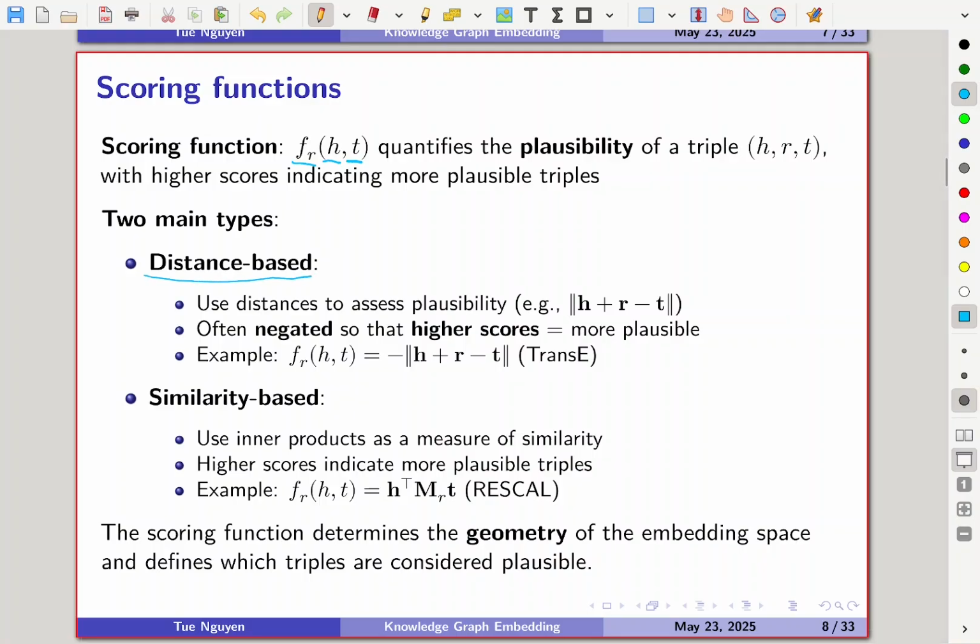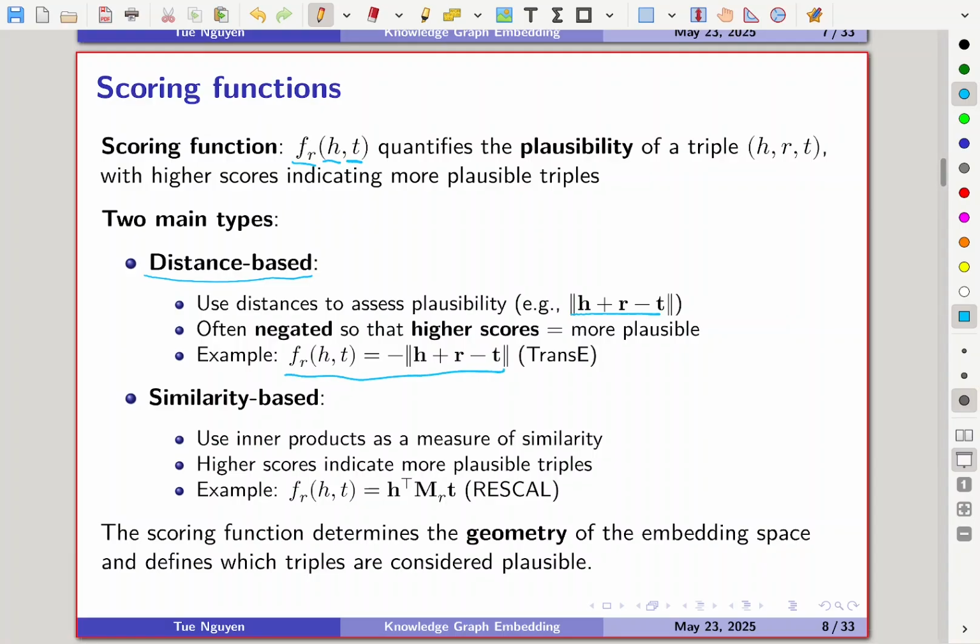The first one is distance-based. Functions of this type use distance to assess the plausibility. For example, here we see that we add head and relation and we subtract the tail. We expect that the distance should be small. However, to be consistent with the notion of higher is better, we often negate the distance to get the scoring function, like here.